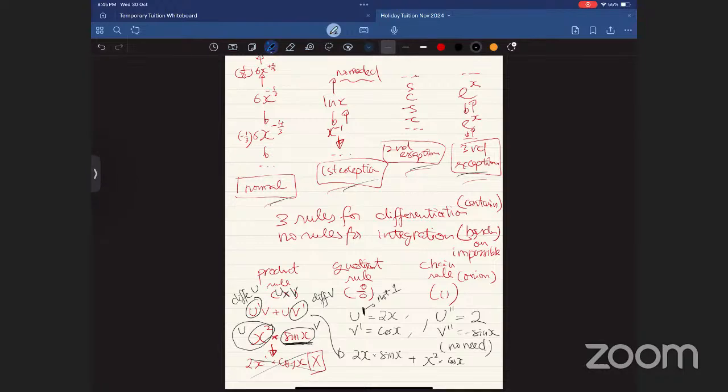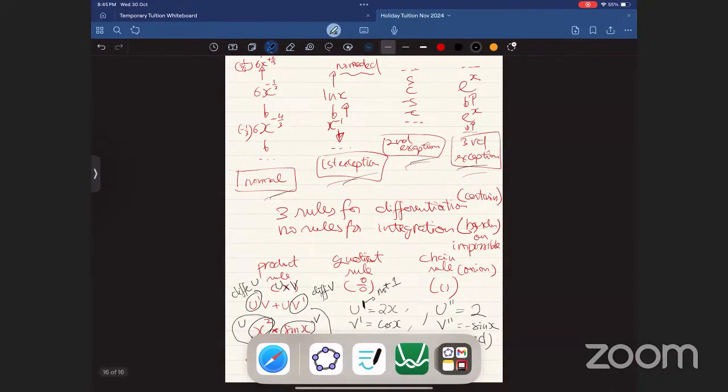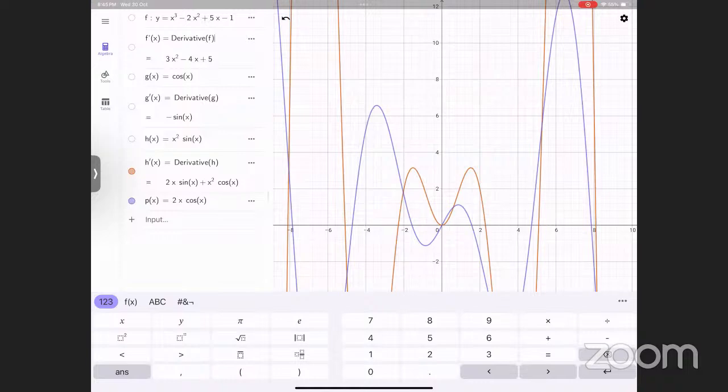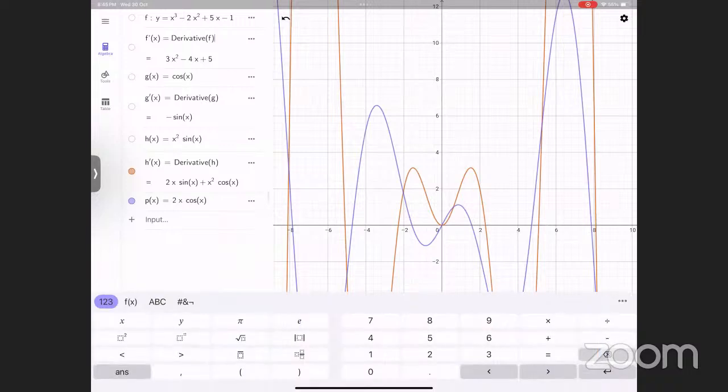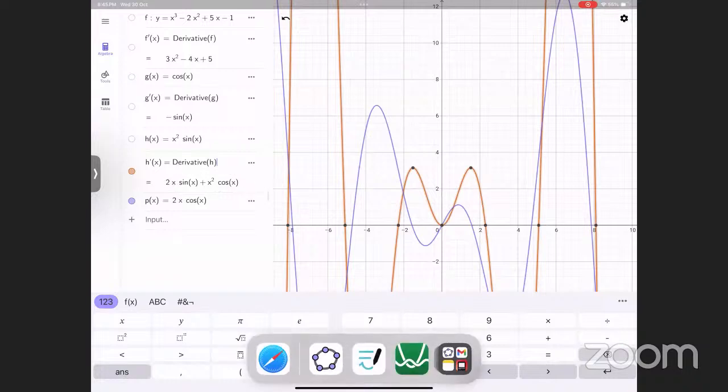Now, you will notice that this is what GeoGebra says. That's it, 2x times sine x plus x squared times cosine x, right? There you go.